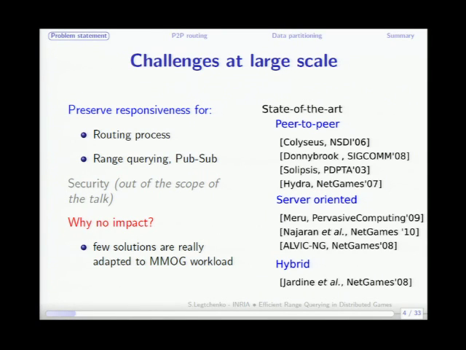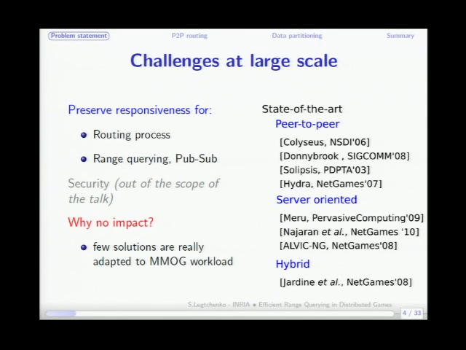The architecture has to provide very low latency for some key mechanisms of MMOGs, such as routing, range querying, or publish-subscribe, which is hard to do at large scale. Also, security is one of the main concerns, even if it will be outside of the scope of this talk. So these are complicated challenges.